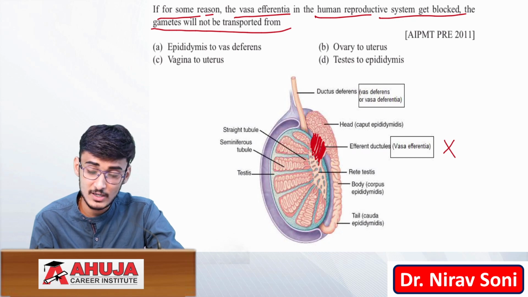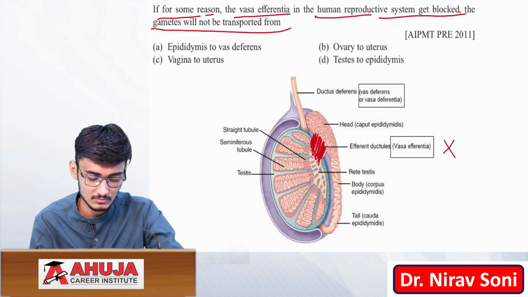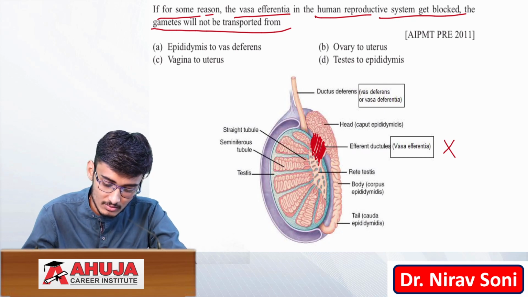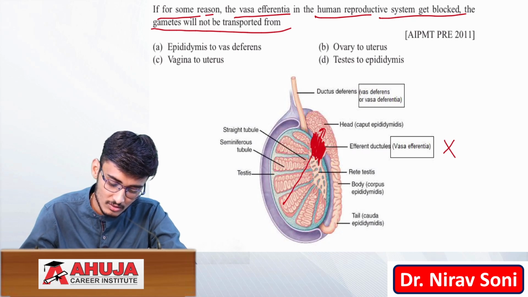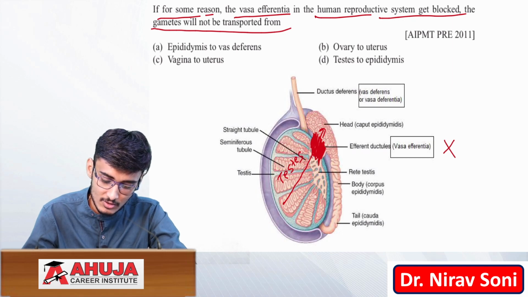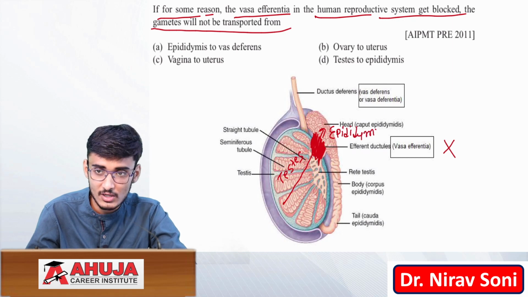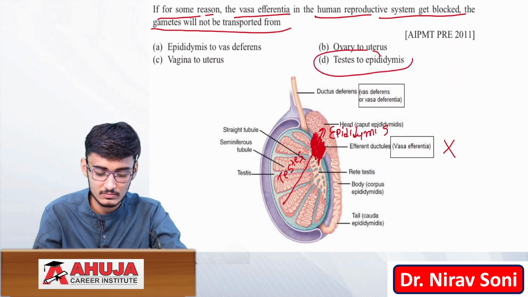The gamete will not be transported from testis to epididymis. This pathway is blocked. That's why we can say that the testis does not transfer sperm into the epididymis. Option D should be right over here.